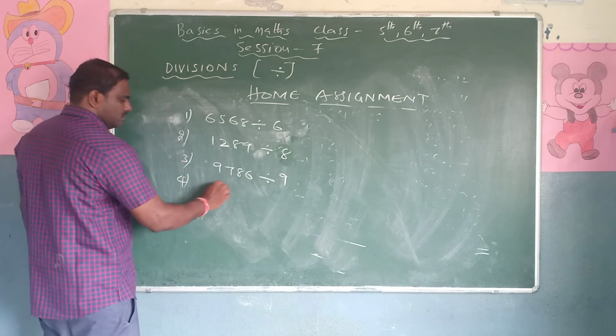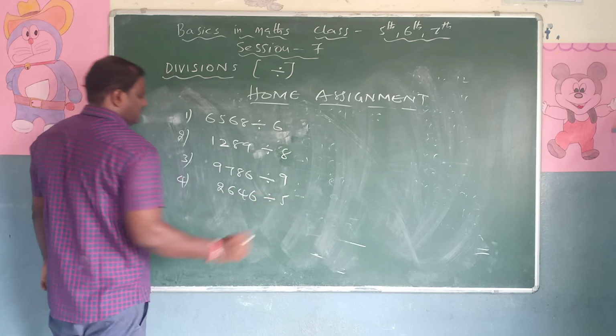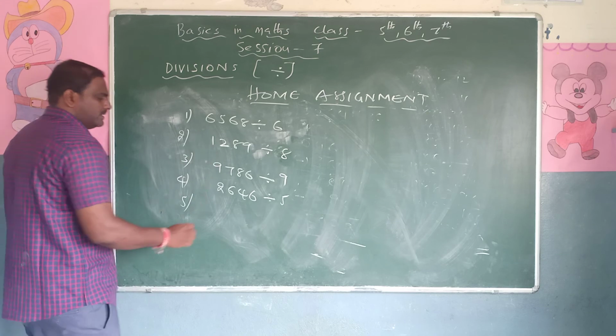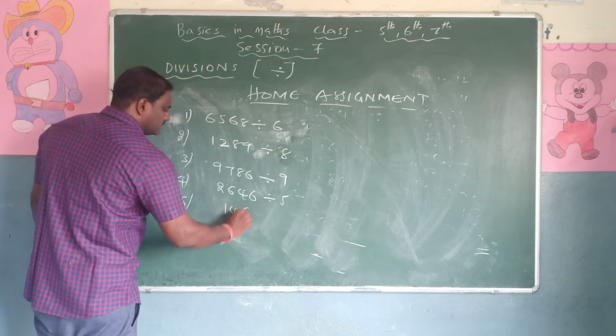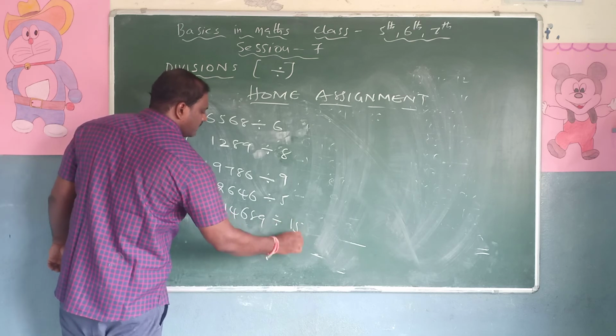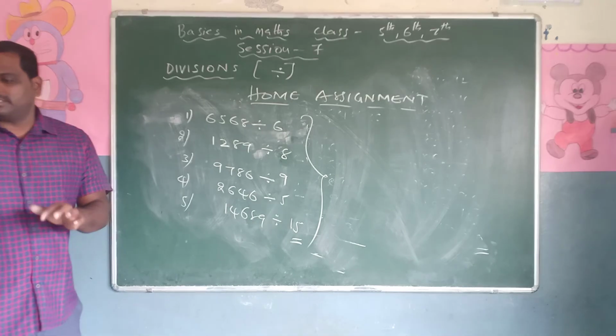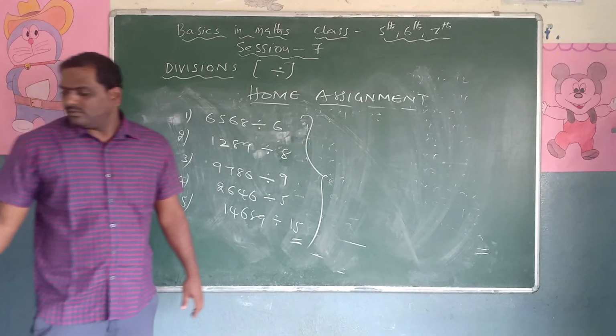And the fourth one is 2,646 divided by 5. And I will give one double digit division. 14,689 divided by 15. So these are the 5 home assignment sums given to you.